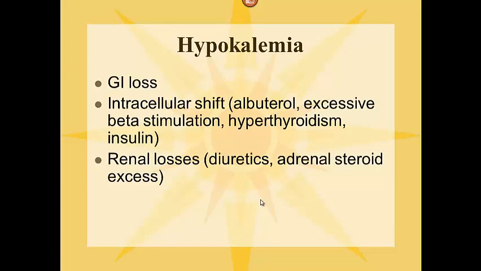In addition to that, anytime a patient has an excessive beta stimulation, such as in stress, not only will release glucose, but at the same time will release insulin and break down glycogen. And due to this, potassium also is brought inside the cell, contributing to hypokalemia.